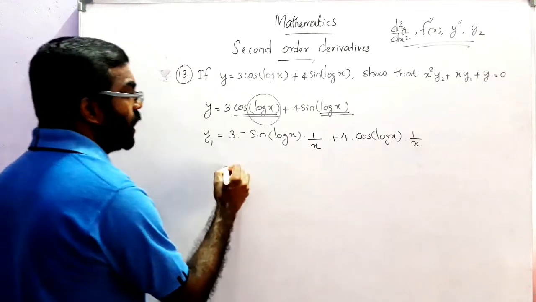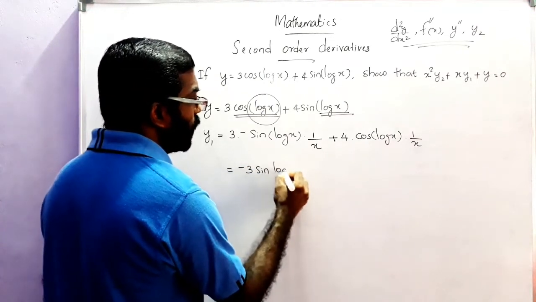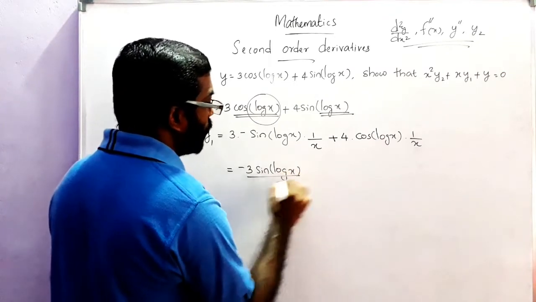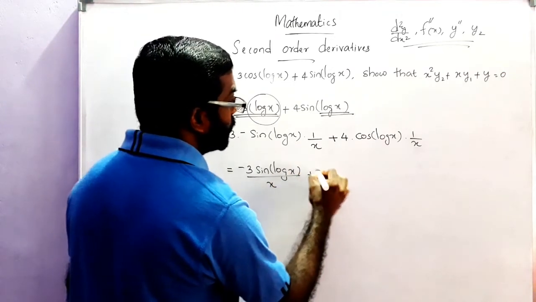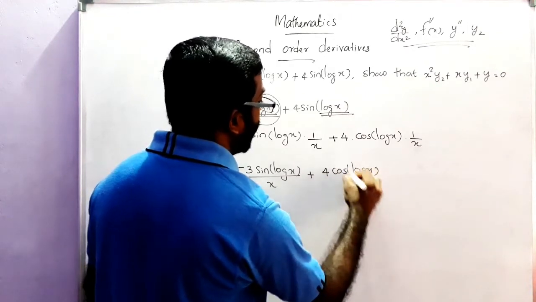So this can be written as minus 3 sin of log x whole divided by x, plus 4 into cos of log x whole divided by x.